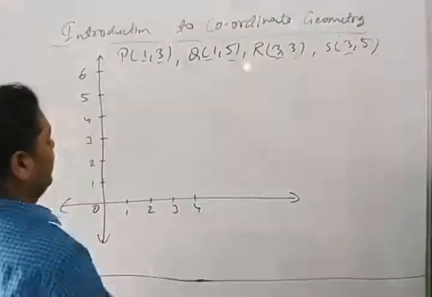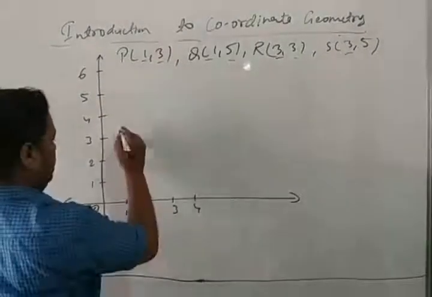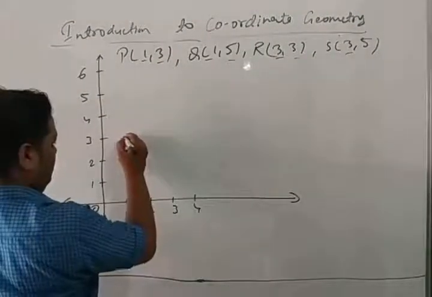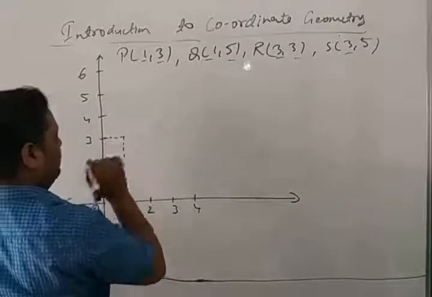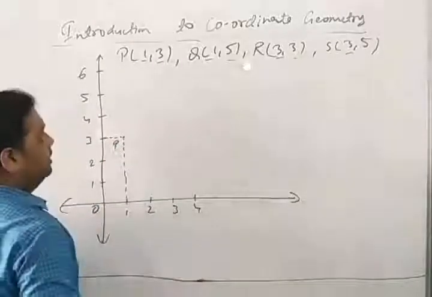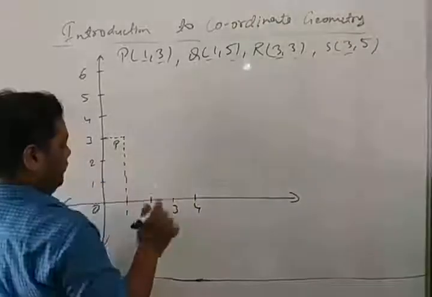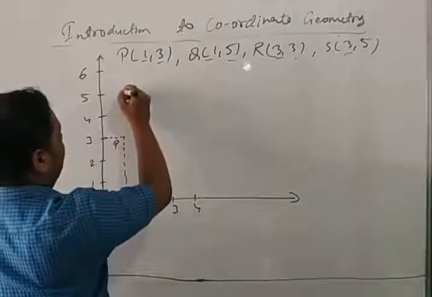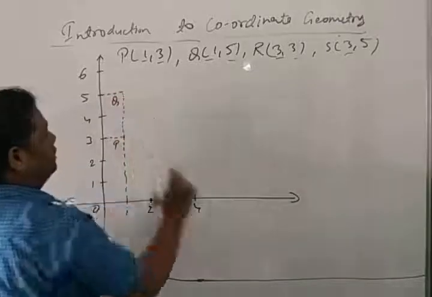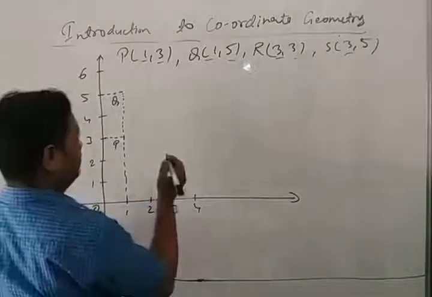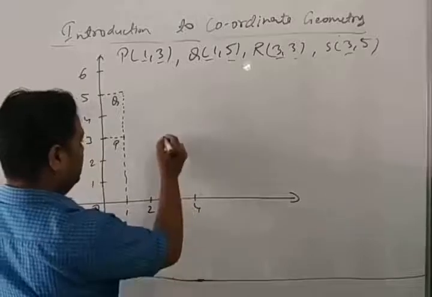Now plot the point P (1, 3): 1 and 3 here. This is P. Now Q (1, 5): 1 and 5 here. Now this is Q. R (3, 3): 3 here and 3 here.